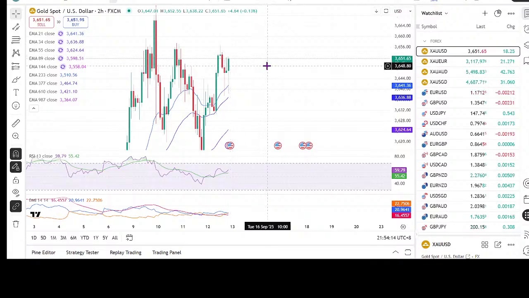I'll tell you what the price target is, and at what time you can expect this price target to be reached. So when I give you these two, either one should give you a clue.